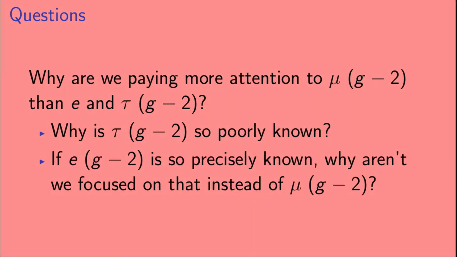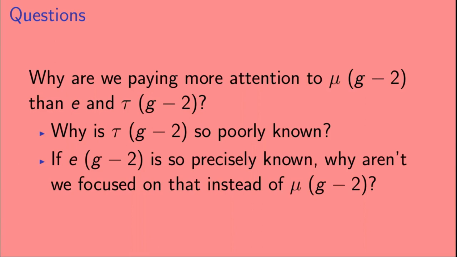So this might lead us to ask the following questions. Why are we paying more attention to muon g-2 than we are to electron and tau g-2? Now in the case of tau g-2, it's because the experimental precision is not so great. But then we can ask, why is tau g-2 so poorly known?